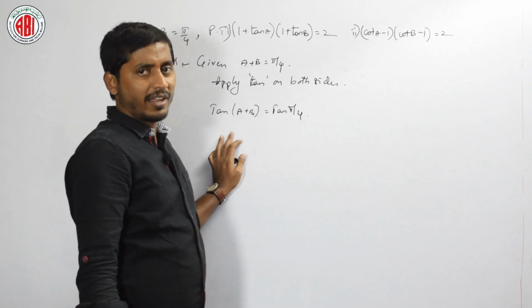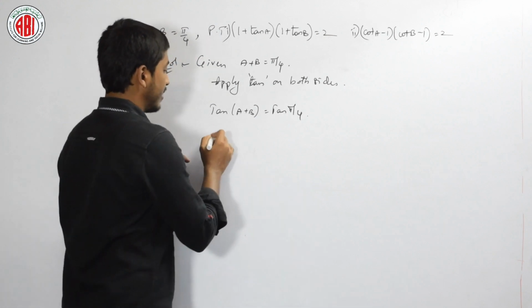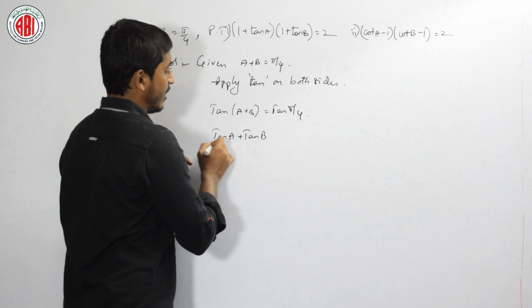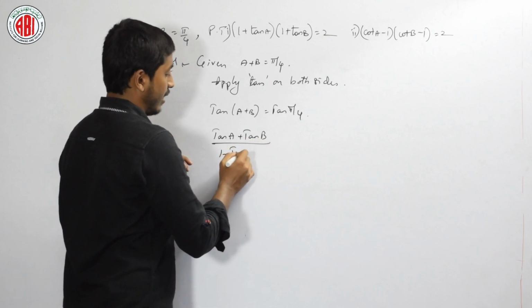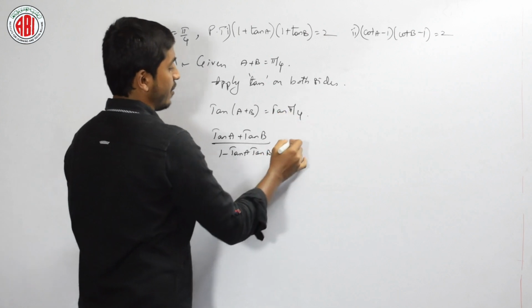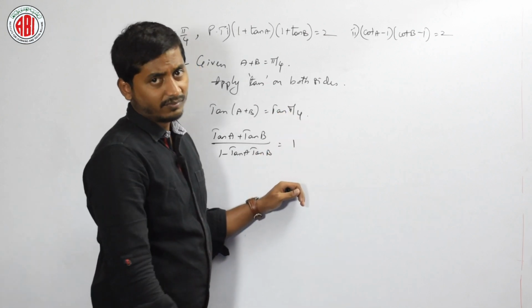What is the formula of tan of a plus b? That is tan a plus tan b by 1 minus tan a tan b, is equal to tan pi by 4, which is 1. Is it clear?